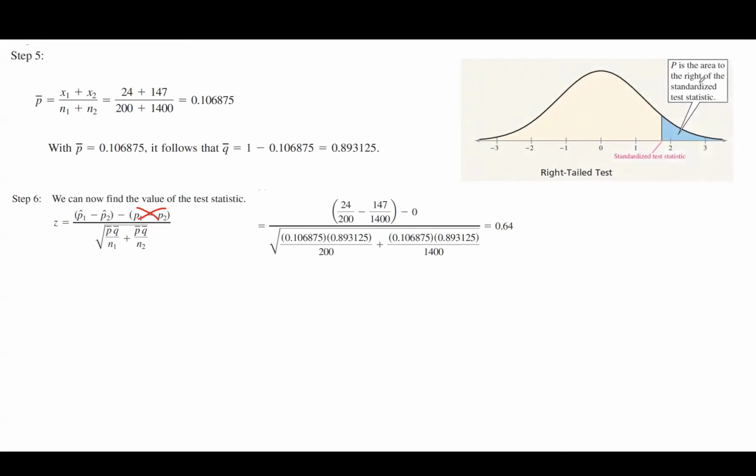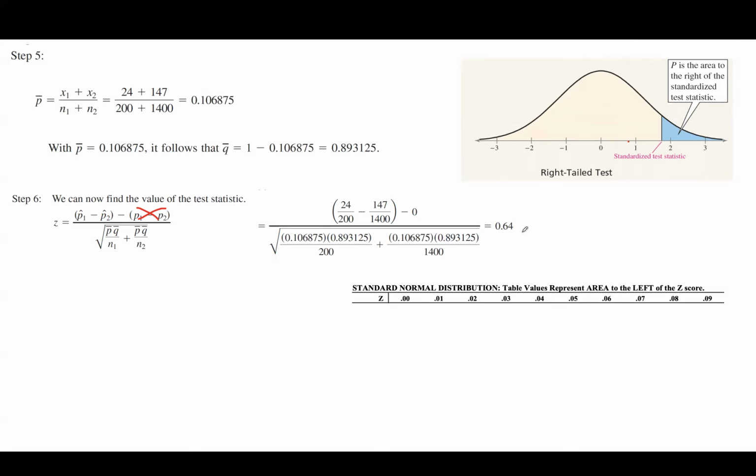Since you have a right-tail test, the p-value is the area on the right-hand side of your graph. So here you have 0.64. You want to find the area on the right-hand side, and that is going to be your p-value. But using the standard normal distribution table, we can find the area on the left-hand side.